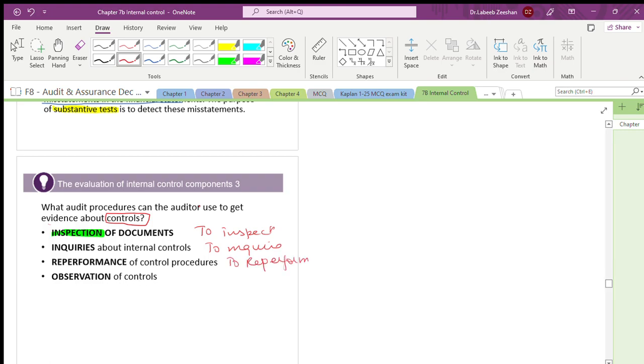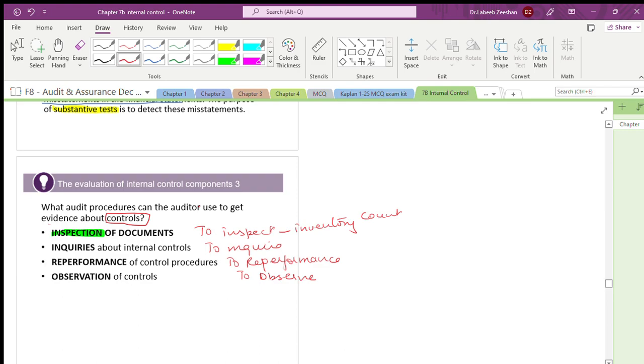Whenever we are talking in terms of evidence, you have to start with these: to observe, to inspect, to inquire. You want to inquire or discuss with the management. You are inspecting the inventory, the inventory count.